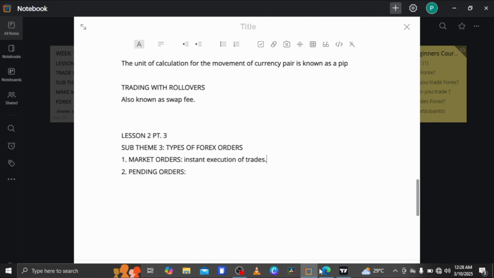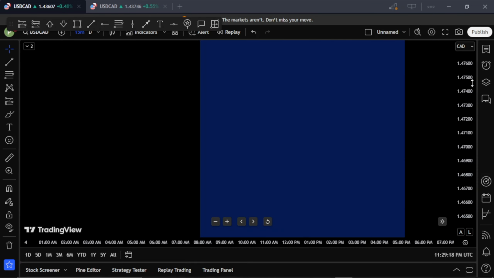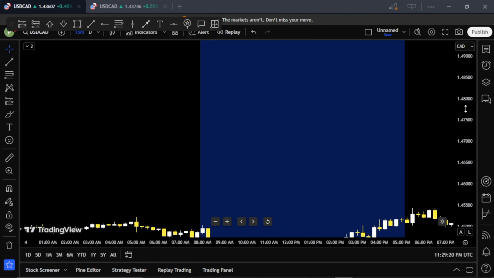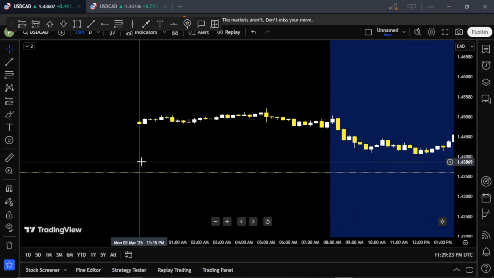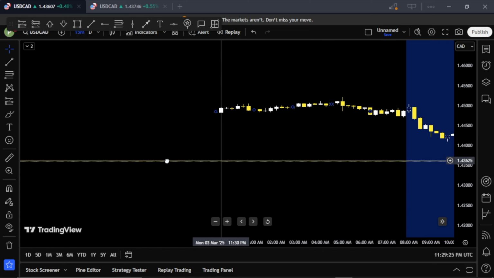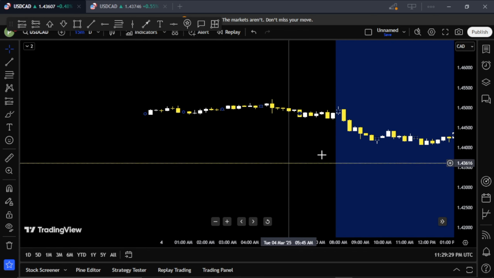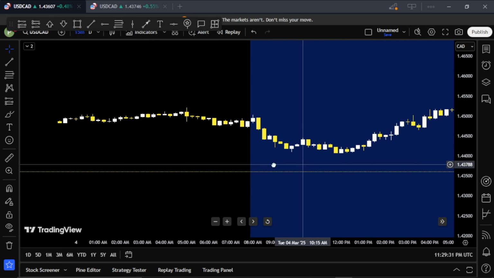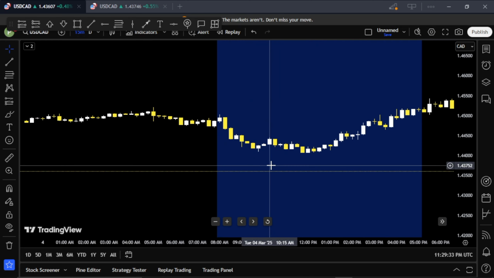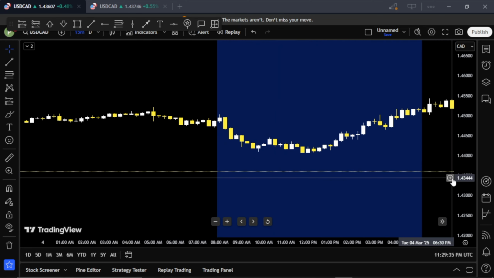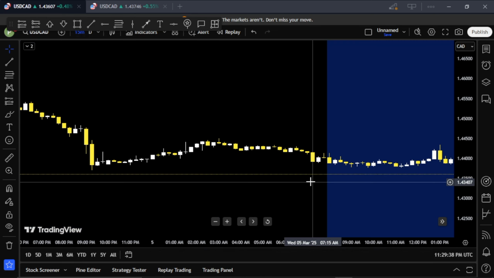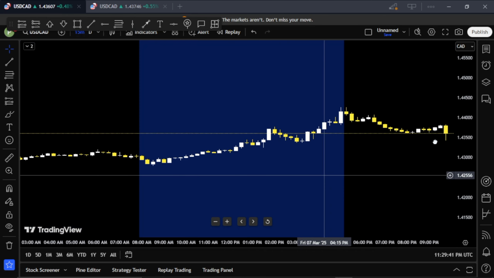So let's go to the chart and show you an example. I didn't trade on Friday, I traded on Thursday, and fortunately for me, it was a winning trade. It's one of those things where if you have a system that works over a long period of time, then your winners would be higher than your losers in terms of how much you make when you win.